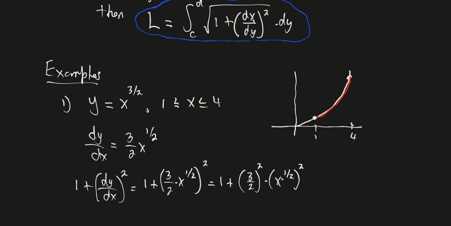And then another property of exponents says that because I have a power function raised to another power, I'm going to multiply the powers. So the 1 plus the derivative squared simplifies to this: 1 plus 9/4 times x, right? Because we have the 1 half times the 2, that gives us 1. All right, so this is what goes under the square root.